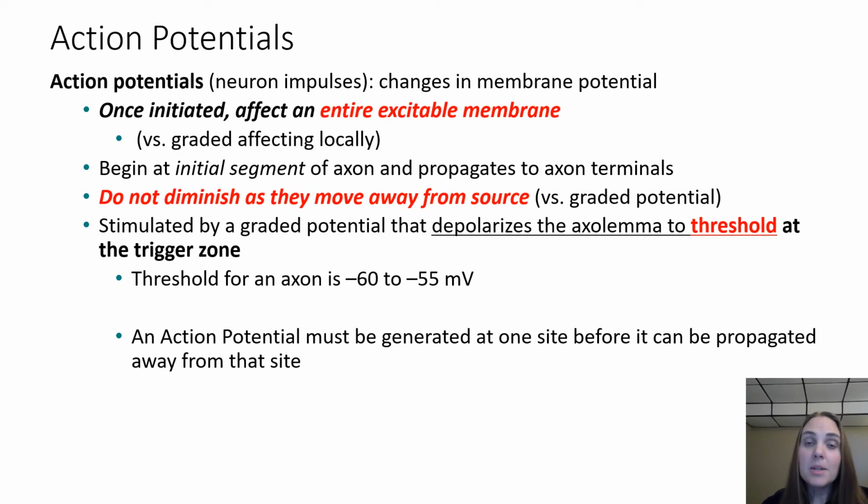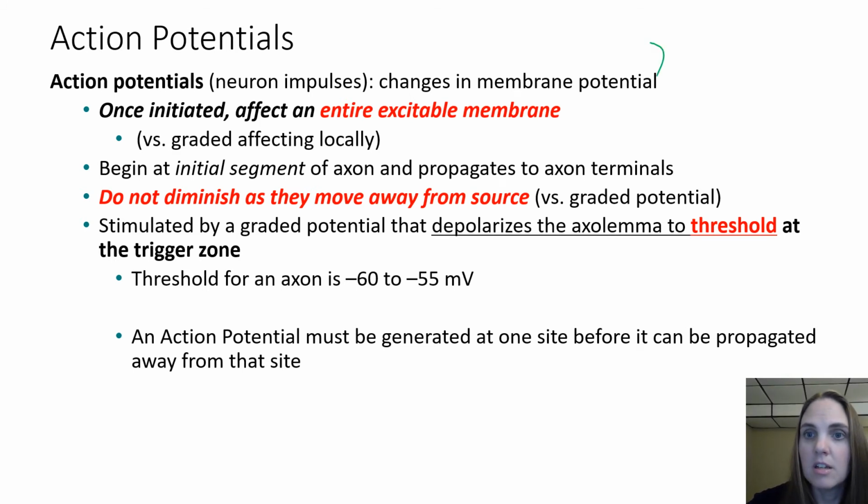An action potential is stimulated by a graded potential that causes a large enough depolarization to bring the axolemma, remember the axolemma is the plasma membrane of the axon, to a threshold level at the trigger zone. If you remember, the trigger zone is basically where that axon hillock met the initial segment of the axon. So let me draw a little picture here.